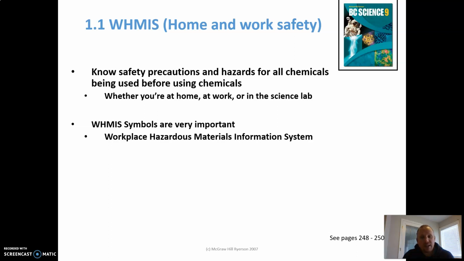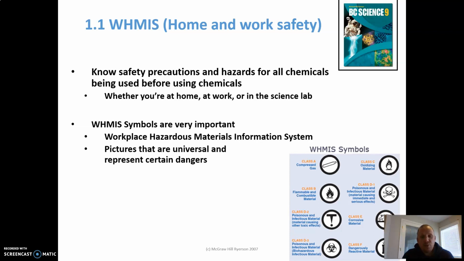A lot of you guys, if you take chemistry, I think it's chemistry 12, or if you take chemistry in university, or a lot of you, your jobs, you'll have to do a short WHMIS training. Basically, WHMIS pictures are used to represent hazards and dangers. So here's a little image of 8 of the most common ones. We're going to go over 10 WHMIS symbols in this lesson.